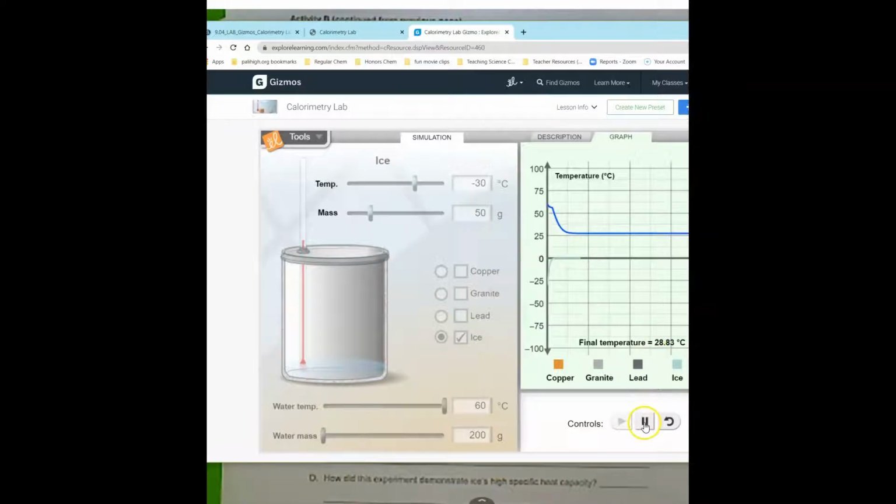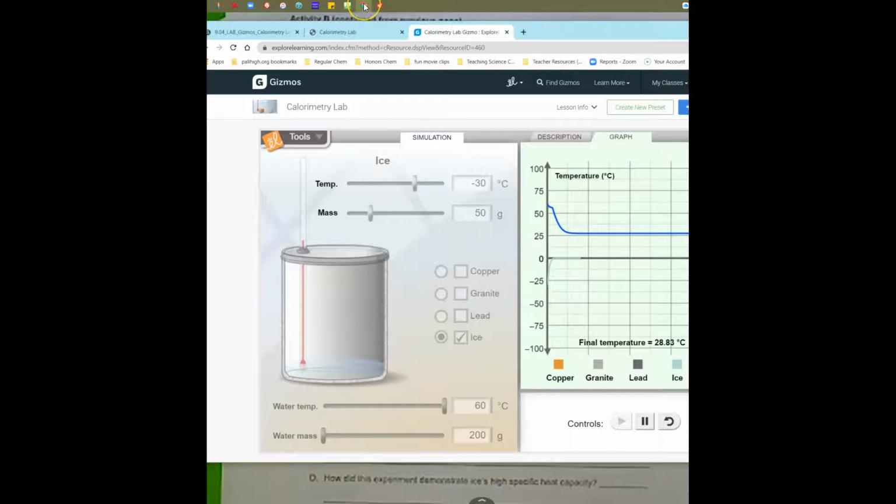So let's answer the questions. What was the final temperature? Final temperature was 28.83 degrees Celsius down here. What do you think is happening when the ice line on the graph is at 0 for a long period of time? Why do you think the line disappears after that?